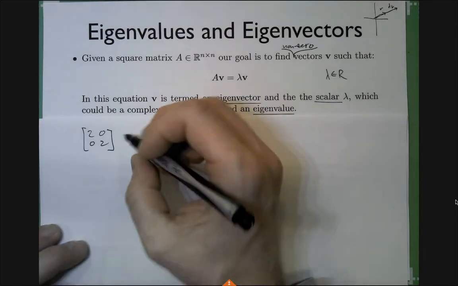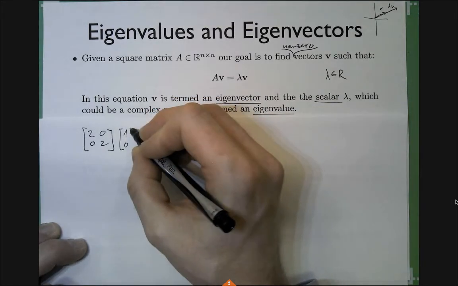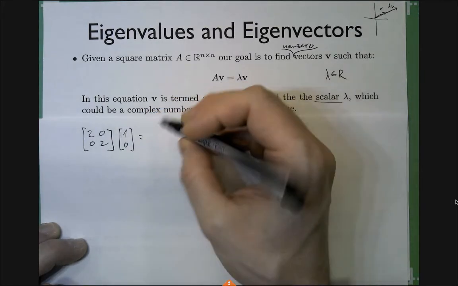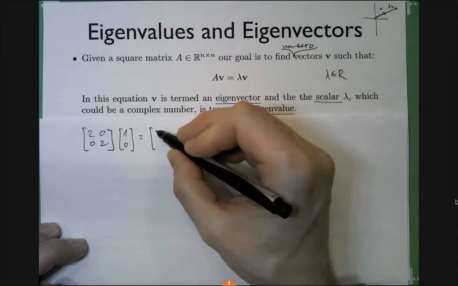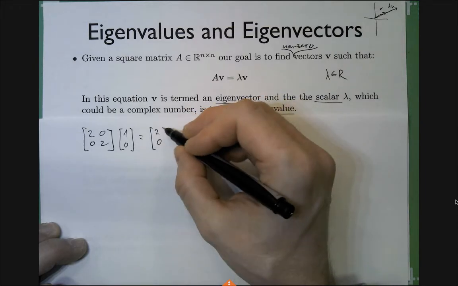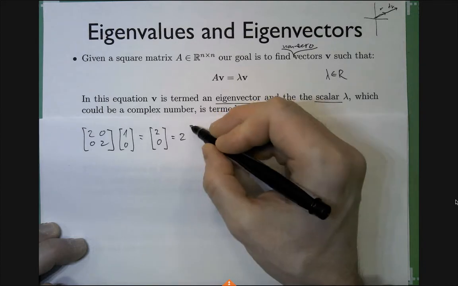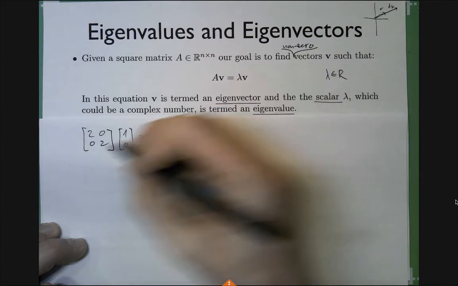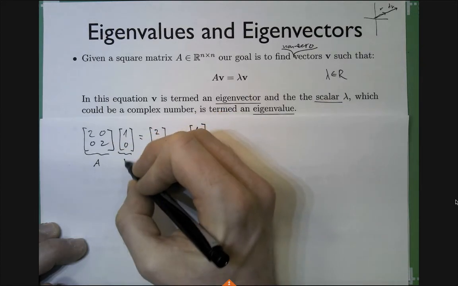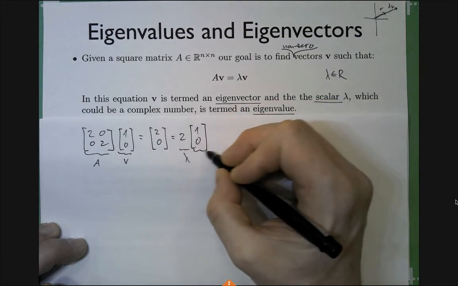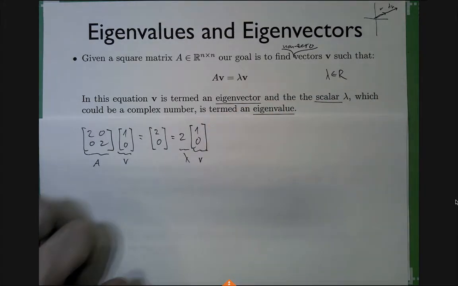For example, 1, 0. What it's going to give me is 2, 0, which is 2 times 1, 0. Indeed, if this is my A, this is my lambda, this is my V, all holds.